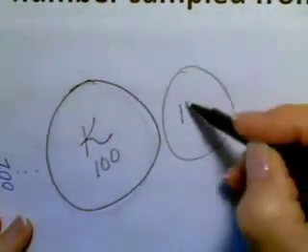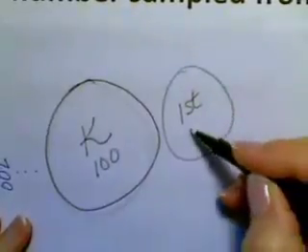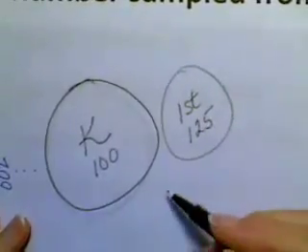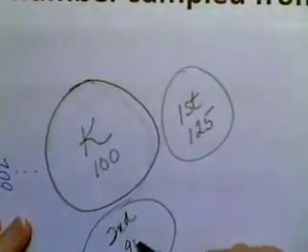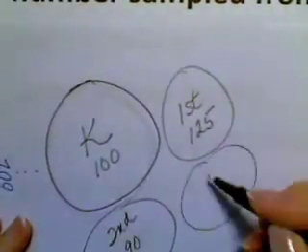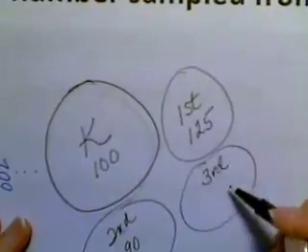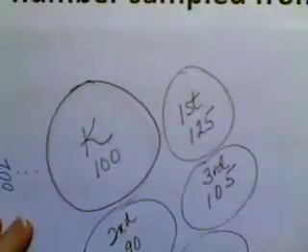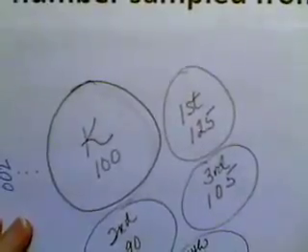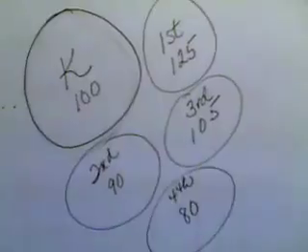I've got the first grade class that has 125 students. I have the second grade class that has 90 students. The third grade class that has 105 students. And the fourth grade class has 80 students.